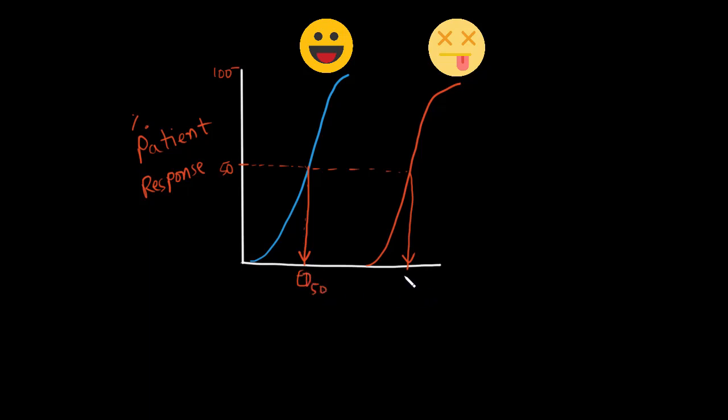From the first graph, we can determine at what dose 50% of the population responded. That one we call the effective dose 50, or ED50. And from the toxic graph, we can determine the dose at which 50% of the population died.